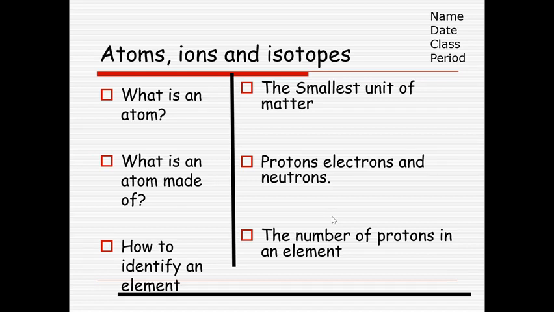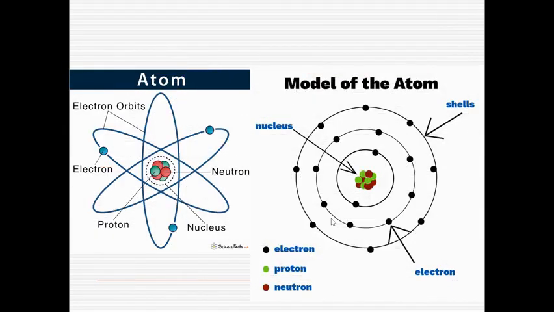If you look at the periodic table, and we'll show you this in a minute, there's an atomic number above each of the symbols, and that gives us the identification number or the number of protons. You don't necessarily need to take notes on this, just know how these work.